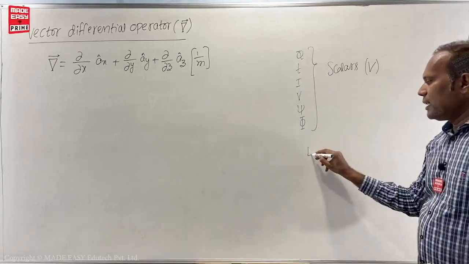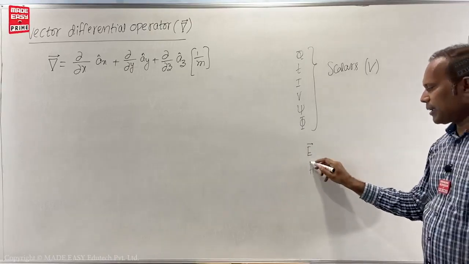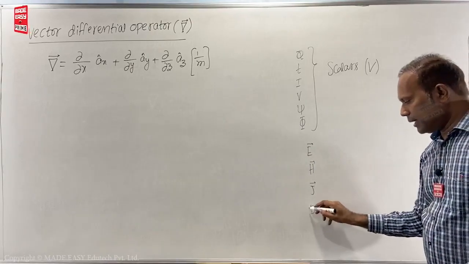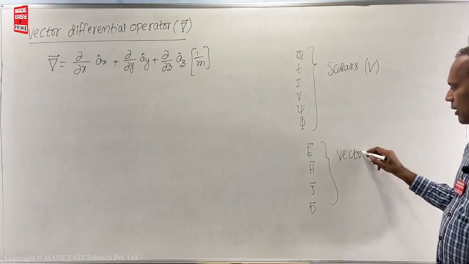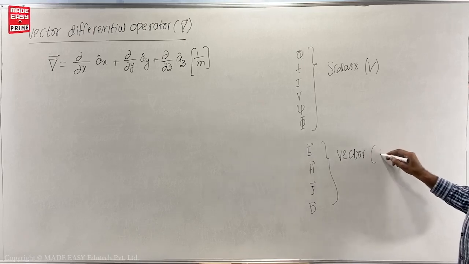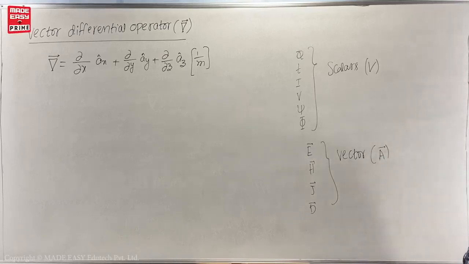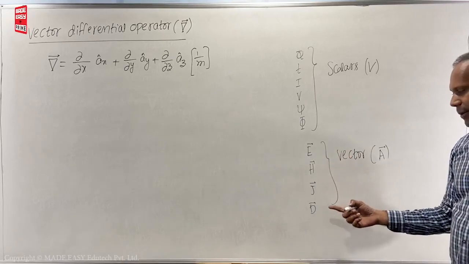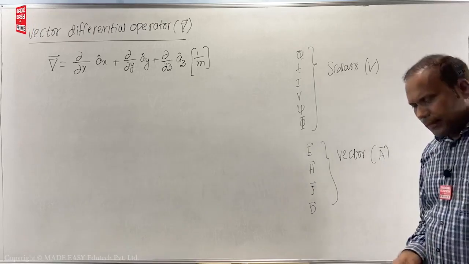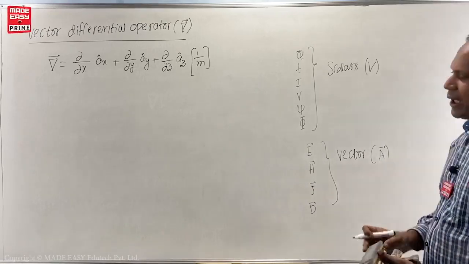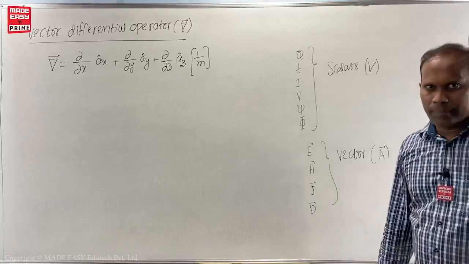Then similarly we have seen E bar, H bar, J bar, D bar, like this. So they are vectors. What we do, let A bar be any vector we will take. A bar being any vector means it can be E bar, H bar, J bar, D bar, it can be anything. So really in our subject there are scalars and there are vectors. That is why we are discussing them.